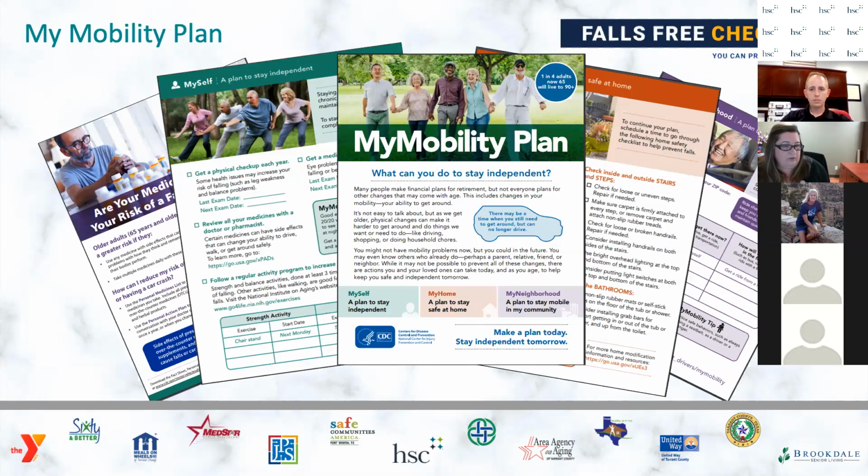It's going to help you develop a plan for yourself, whether you're at home or in your neighborhood, and ways to stay independent. This is based on evidence-based practice, covering how to protect your mobility, how to maintain safe driving practices, and prevent falls. It includes survey data and focus groups.